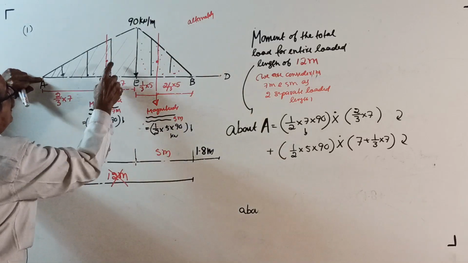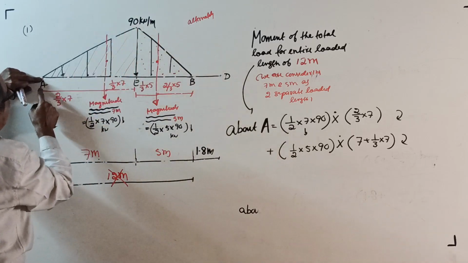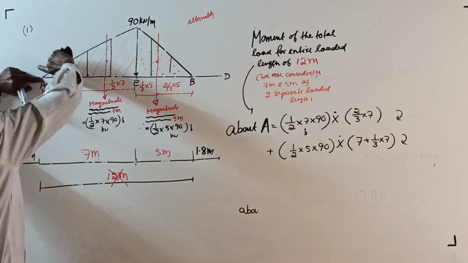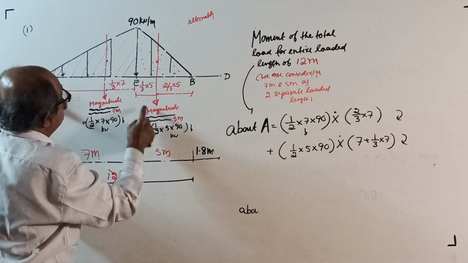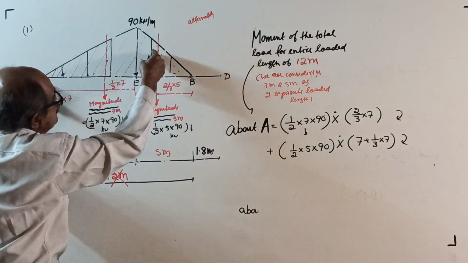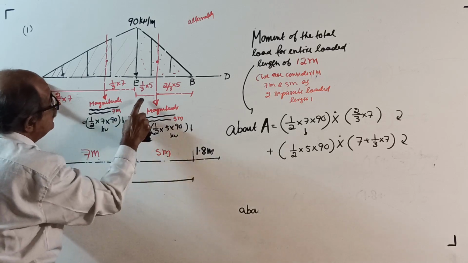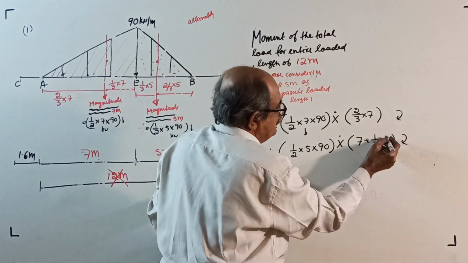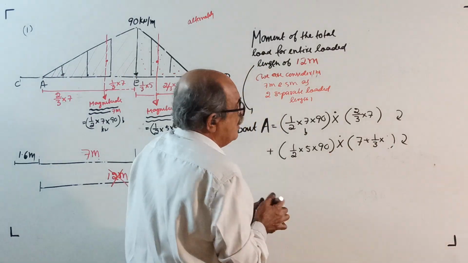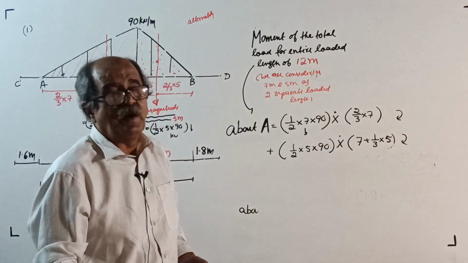This load, half into 7 into 90 into 2/3 of 7, clockwise, and one more load, half into 5 into 90, this load into 7 plus this distance, 1/3 of 5. Okay, I can make out. If anything is wrong, nothing to worry. Both are clockwise. Over.